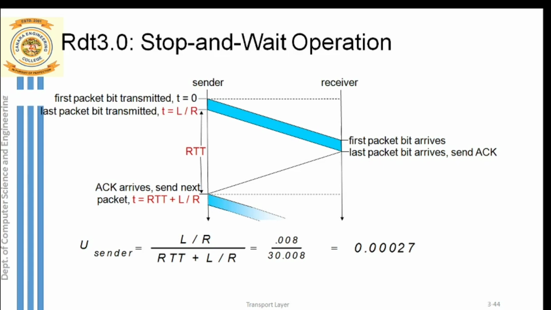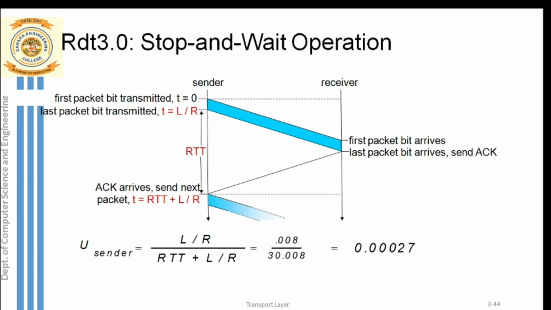So what is the stop-and-wait operation? As the name itself indicates, the sender will send the data and then stop until it receives an acknowledgement. After stopping, the sender has to wait until the acknowledgement is received for the previously sent data.